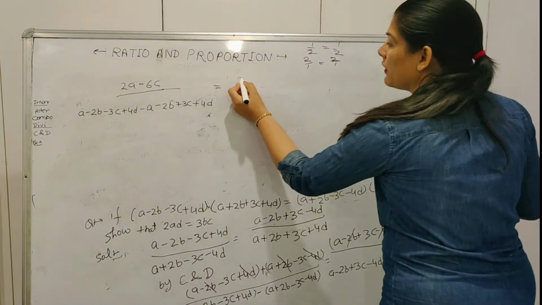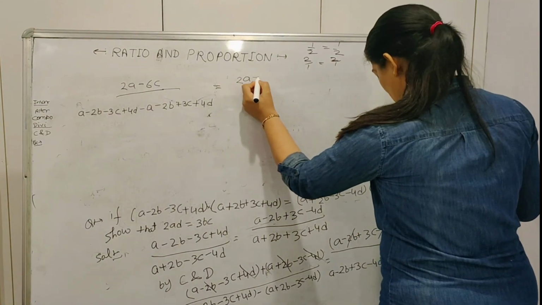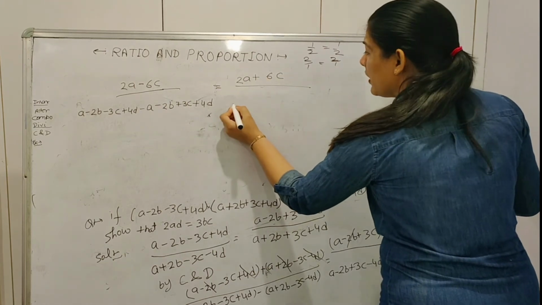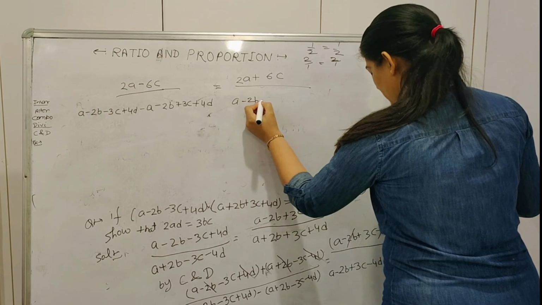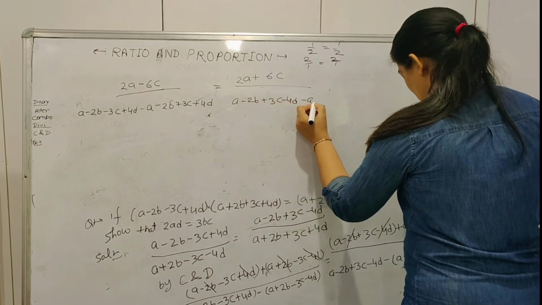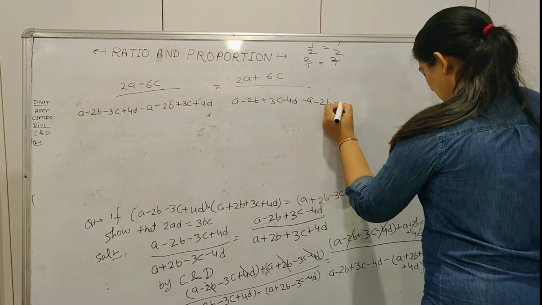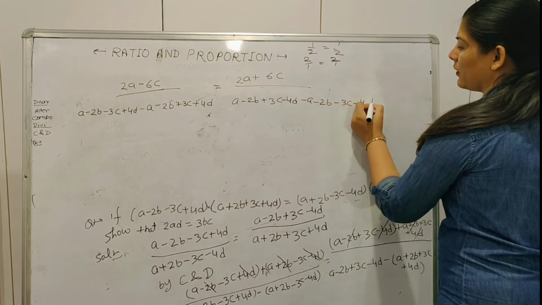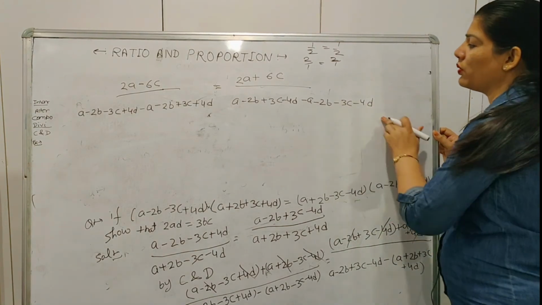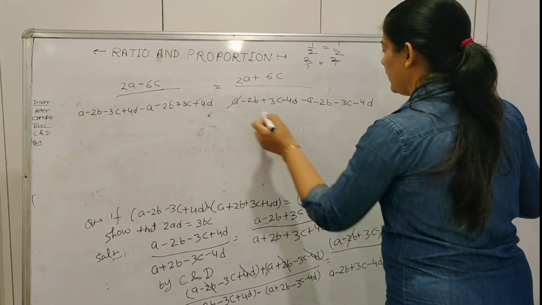So I have here 2a plus 6c divided by a minus 2b plus 3c minus 4d, minus a minus 2b minus 3c minus 4d. Because all the four terms were of positive sign, now these become of negative sign.